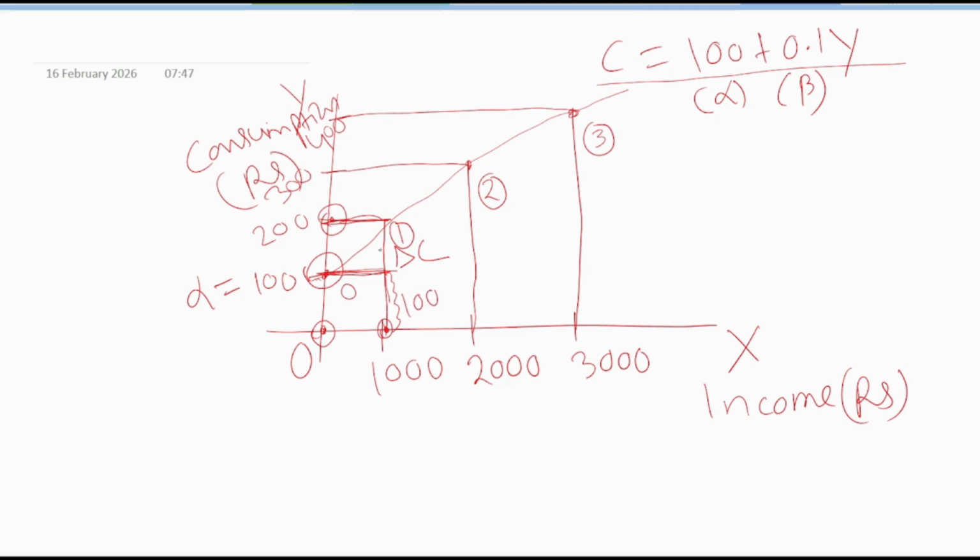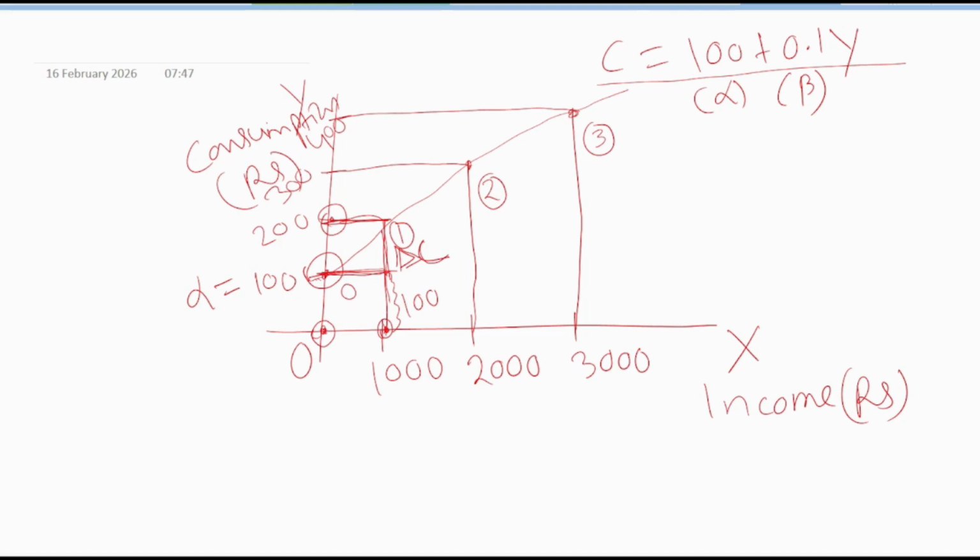Now when his income increases from 0 to 1000, his consumption increased by another 100. So this is called delta C. And this delta C happened because delta Y happened.